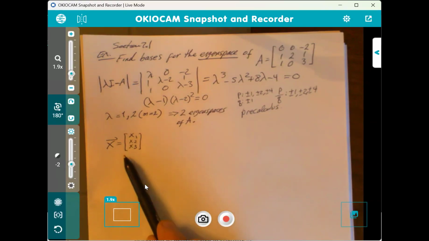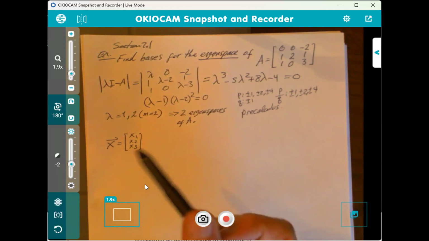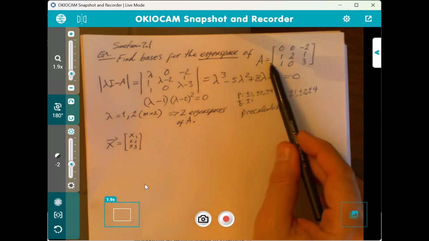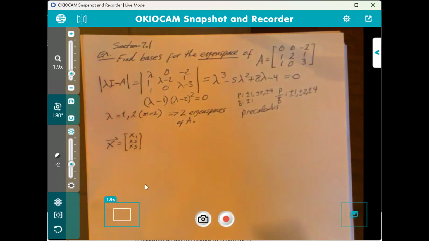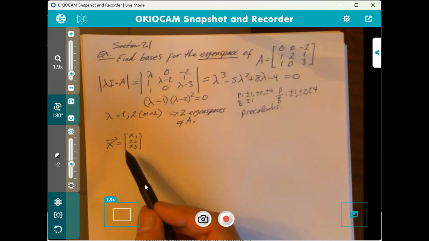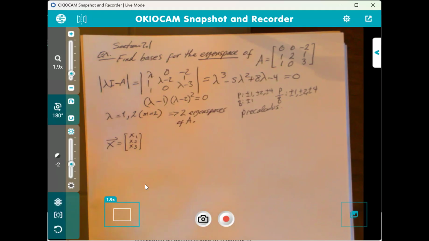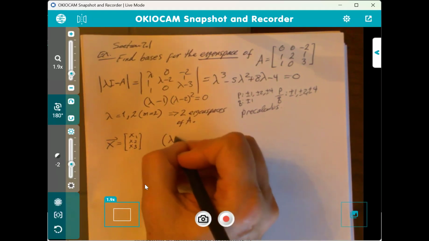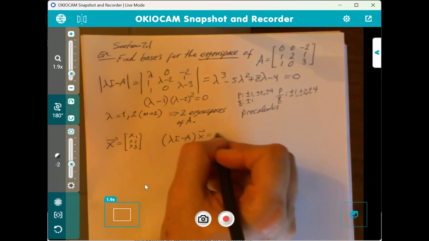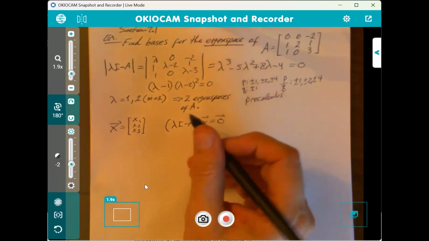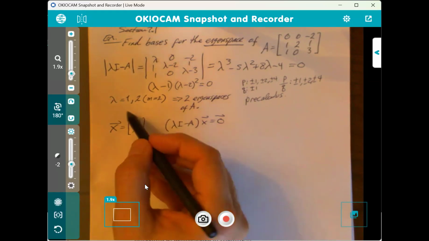And by definition, this matrix X is going to be an eigenvector of A corresponding to these eigenvalues, and that's going to be true if and only if X is a non-trivial solution to this equation, right? Which is what we've been doing in the previous examples. Okay, so I'm doing this now, this work with these lambdas.